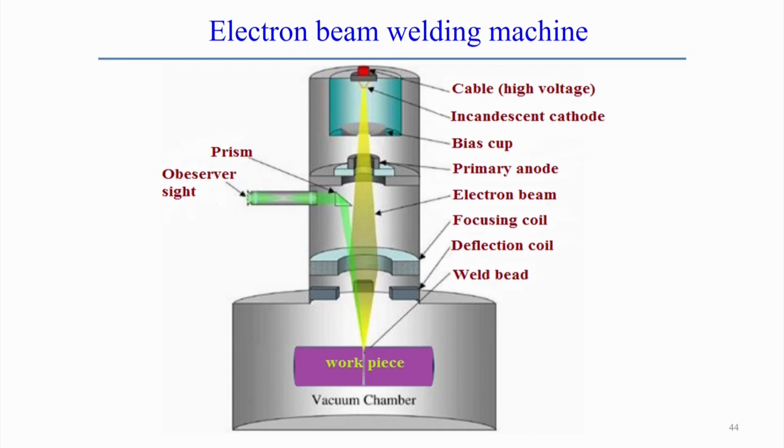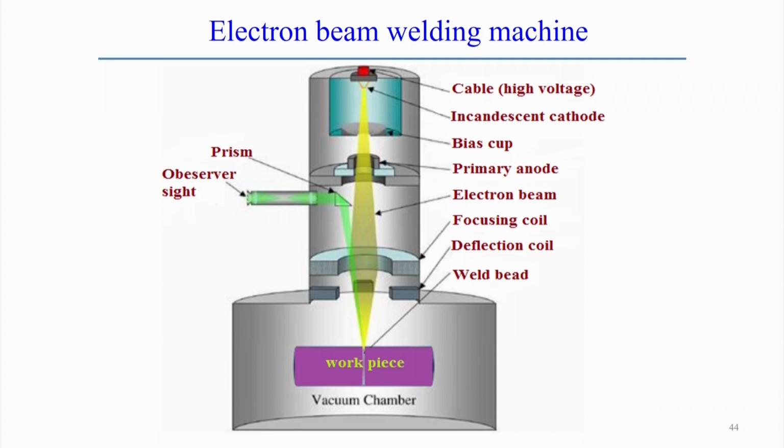Here you see the cable, then the high voltage applied, then the cathode that emits or generates the electrons, and the bias cup that helps to accelerate the created electrons. Then the primary anode and cathode create the circuit in this case.